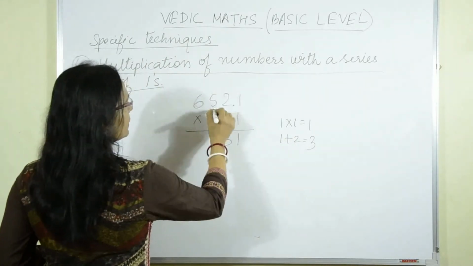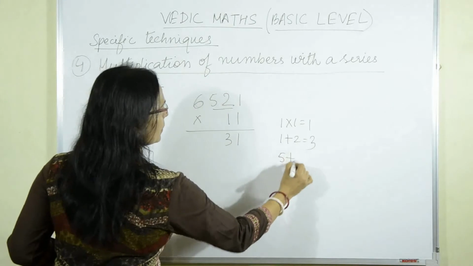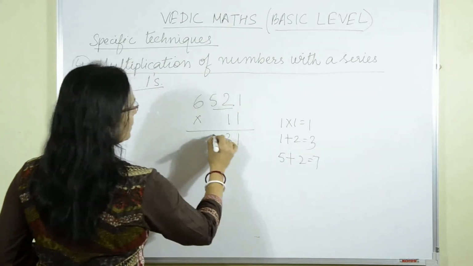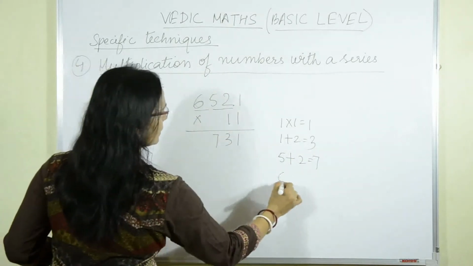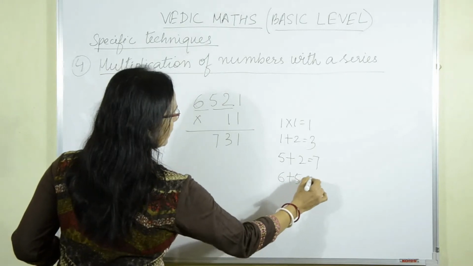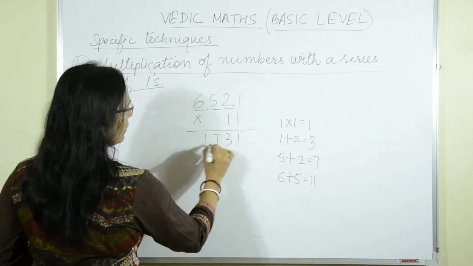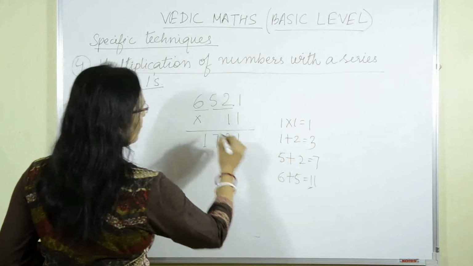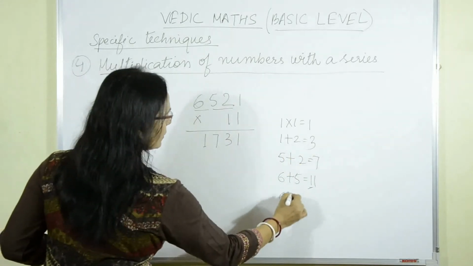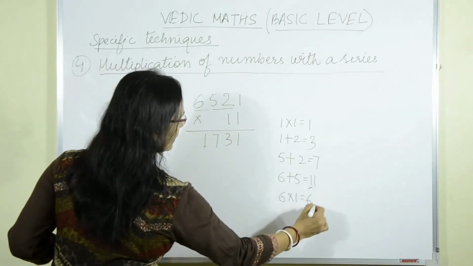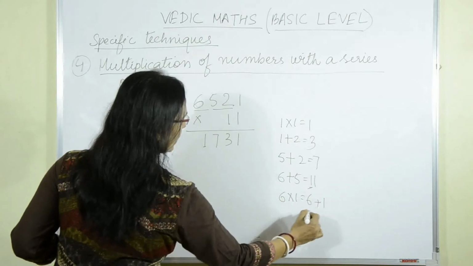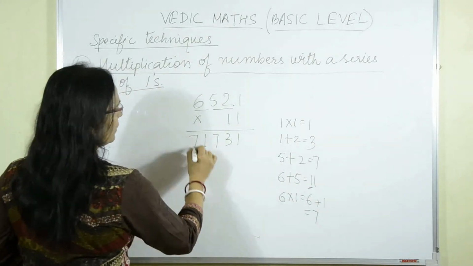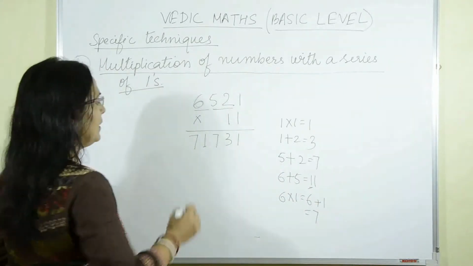Third step is 5 plus 2, that is 7. Next step is 6 plus 5, that is 11, where I write only 1 and the other one is carried over. And the last is 6 into 1, that is 6, and with this I add the carried over 1 and that becomes 7.